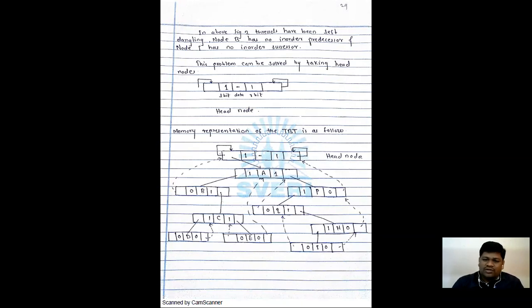Now here, you can consider A. Who is the left pointer of A? Now how to represent all these links? D is pointing to C, and here one more link is there.